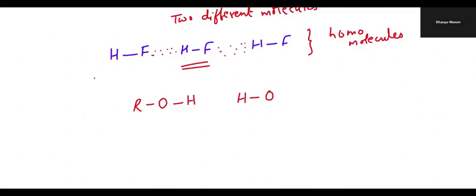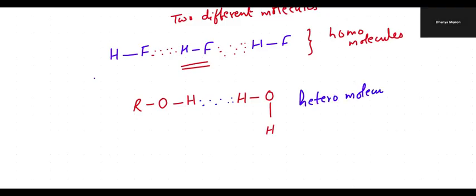Water. Okay. So there can be hydrogen bonds between two different types of molecules, and this is called heteromolecule, because two totally different molecules.